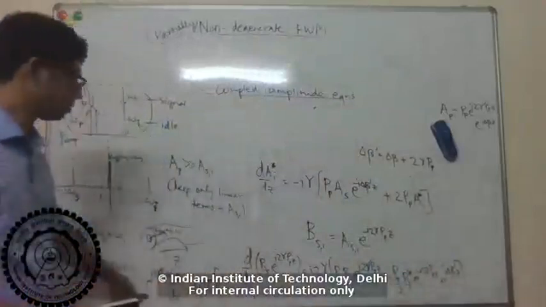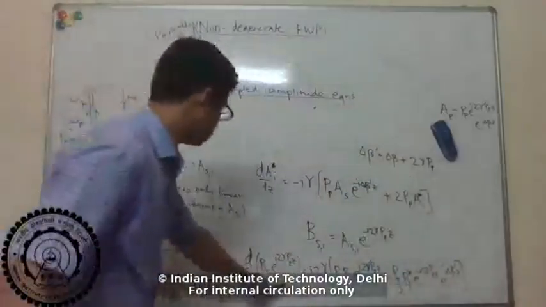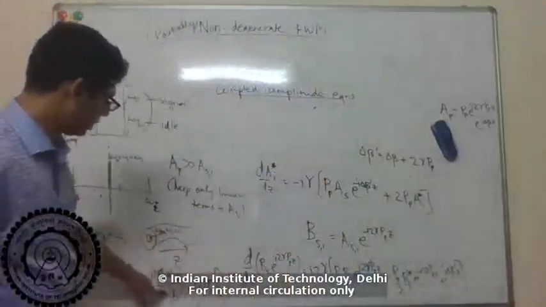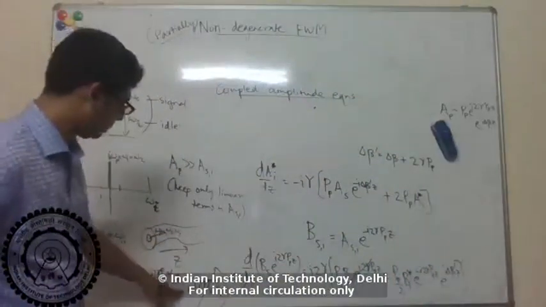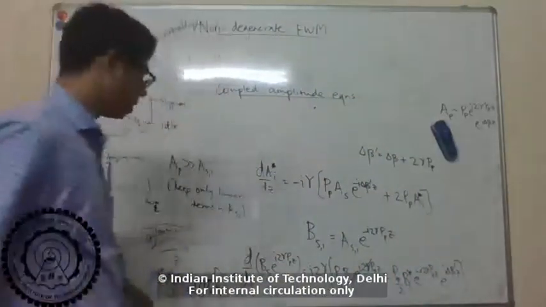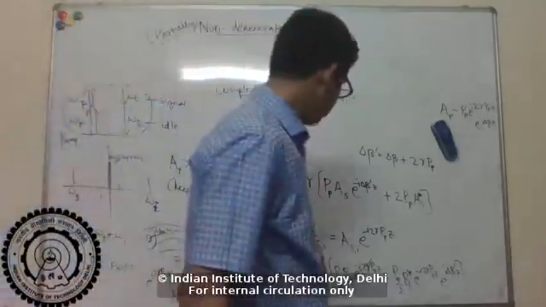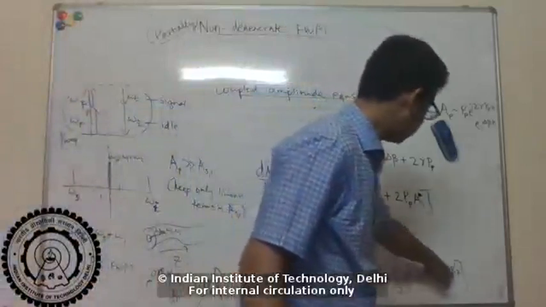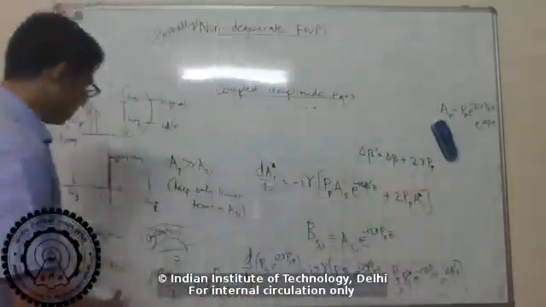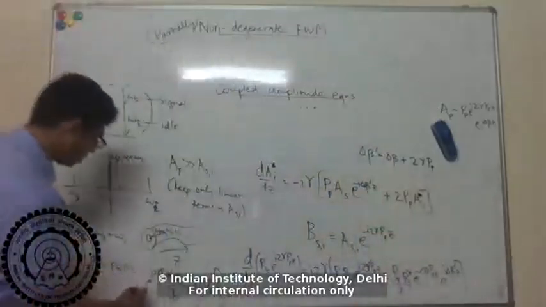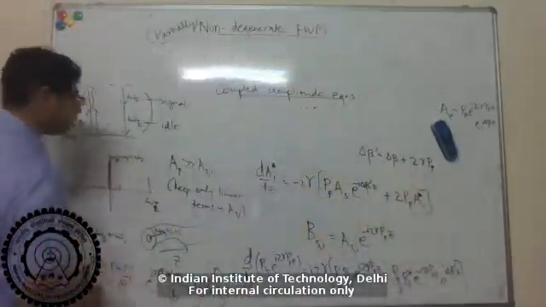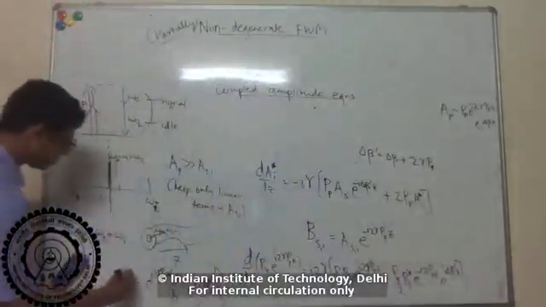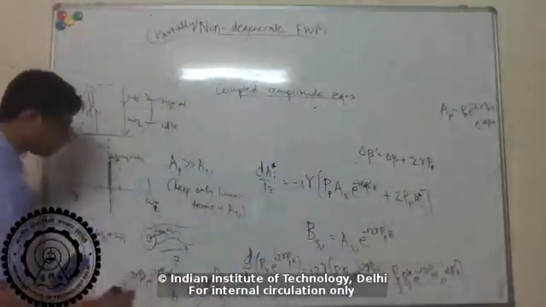So I'm left with e to the i 2 gamma P z dBs/dz on the left hand side. On the right hand side, i 2 gamma P_p Bi conjugate e to the minus 2i gamma P_p z delta beta prime. So I need to get rid of this phase. So I multiply by e to the minus 2 gamma P z on both sides.